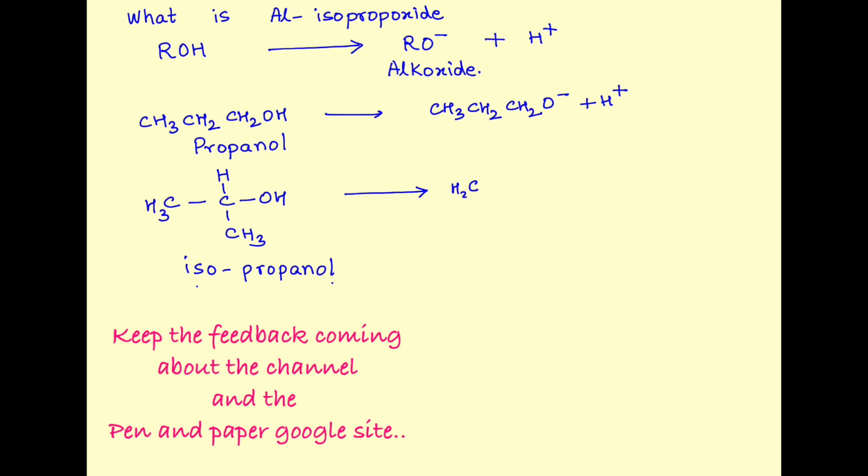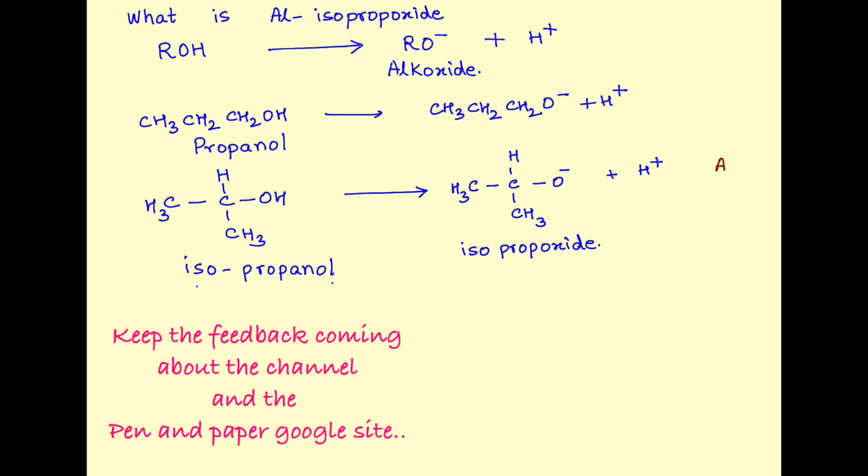So it's going to lose a proton which is attached to oxygen, develops a negative charge. So this becomes isopropoxide. Right? Now this isopropoxide is combined with aluminium. Now look at the valency of this propoxide. It's 1. And what is the valency of our aluminium?